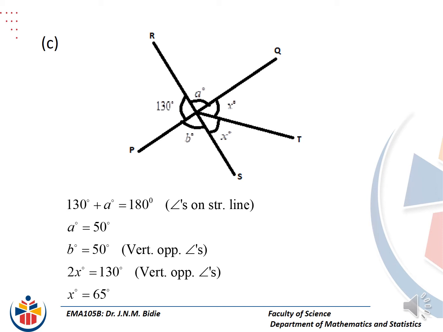But for our solution here, we chose to use vertically opposite angles, which gave us exactly the same answer. 130 equal to 2x, therefore x is equal to 65 degrees.